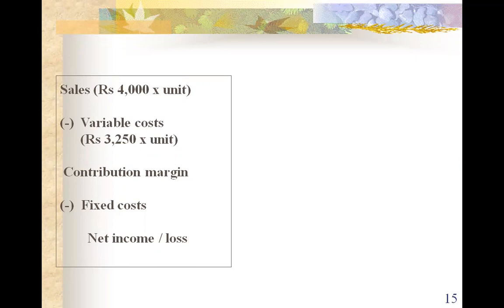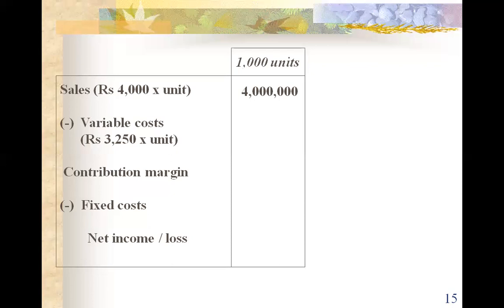So for example, if we sell 1000 units, 4000 is our unit price, so 40 lakh is our selling price, and variable cost 32,50,000. Contribution margin is 7,50,000, and fixed cost is 4,50,000. And our net income is 3 lakh.